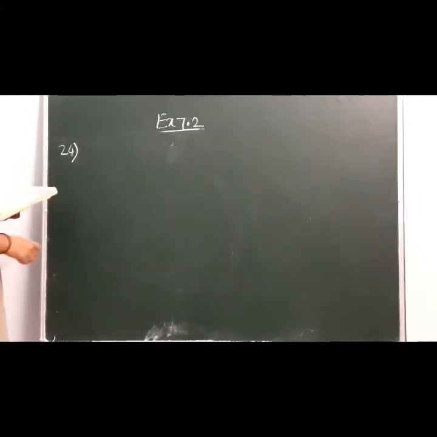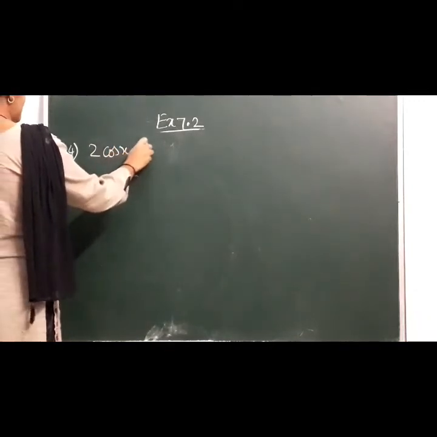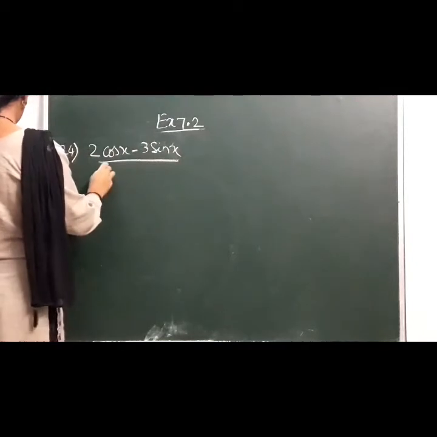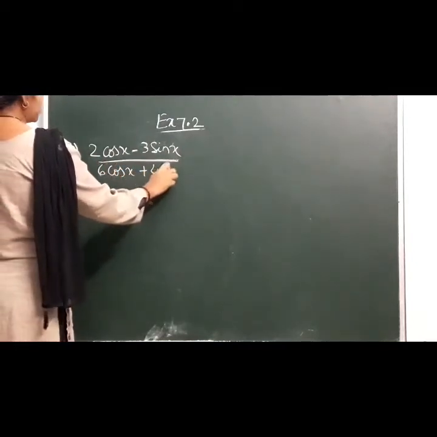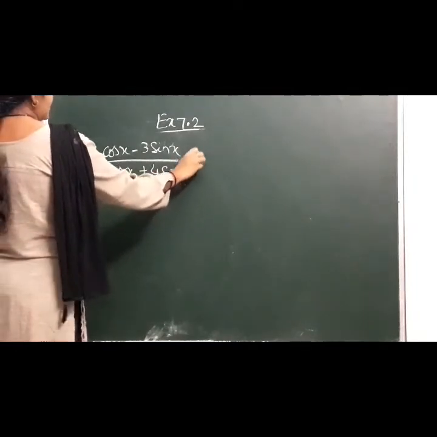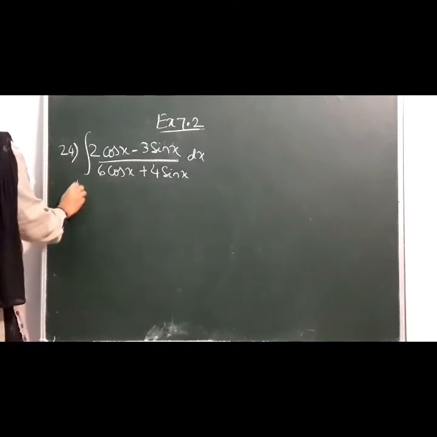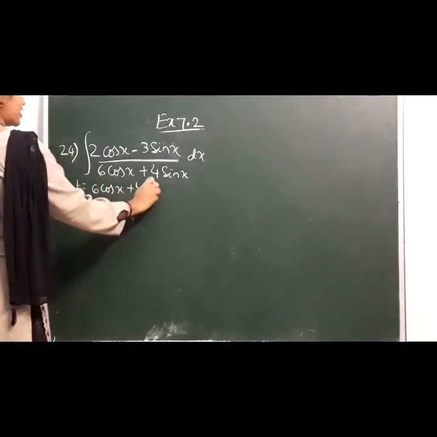So question number 24: 2 cos x minus 3 sin x upon 6 cos x plus 4 sin x dx. This is the question. Let us put t is equal to 6 cos x plus 4 sin x.